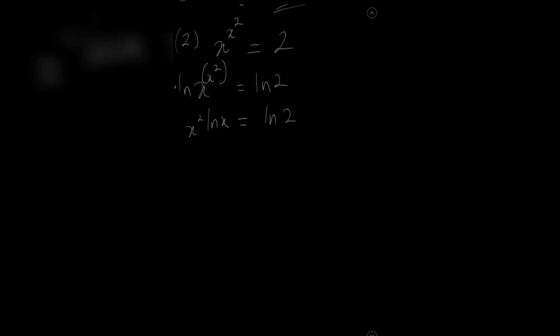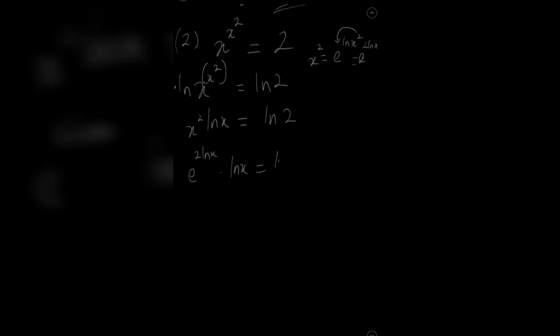Okay, so the x squared can be the same thing as e raised to the power natural log of x squared. Okay, then these two can be transferred to this side, giving us e raised to the power of 2 multiplying the natural log of x. So we can rewrite this x squared as e raised to the power 2 ln of x multiplying ln of x equals ln of 2.